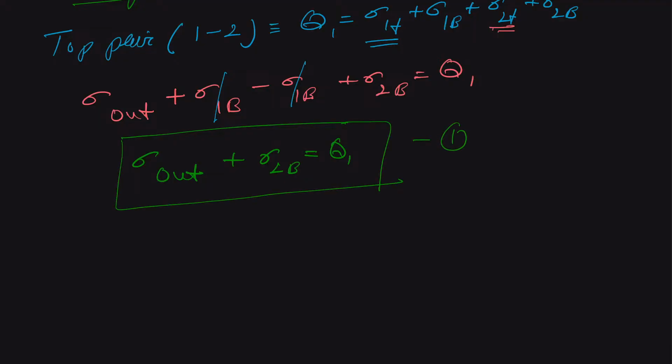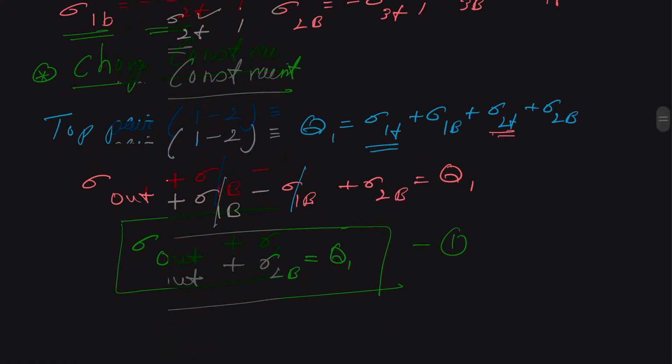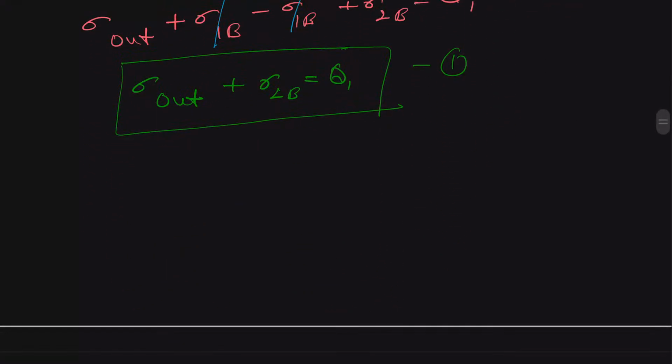Now we come once again to the same part; the same calculation we are going to do for our bottom pair. Bottom pair means plates 3 and 4. So we have our bottom pair, which is 3 and 4.